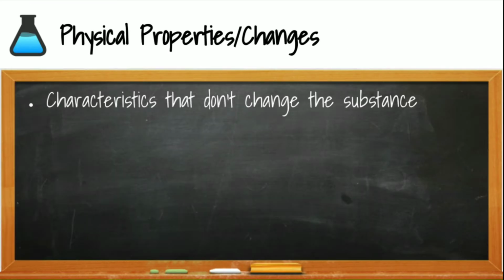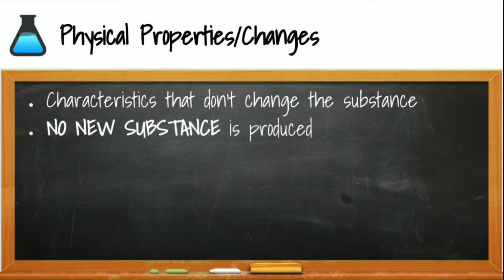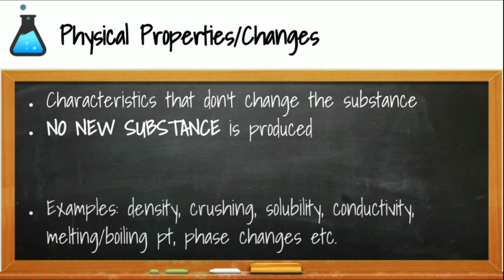Physical properties are characteristics that don't change the identity of the substance when tested. No new substance is produced, no new bonds, no new substance. Examples of physical properties include density, crushing, solubility, conductivity, melting and boiling point, and phase changes.